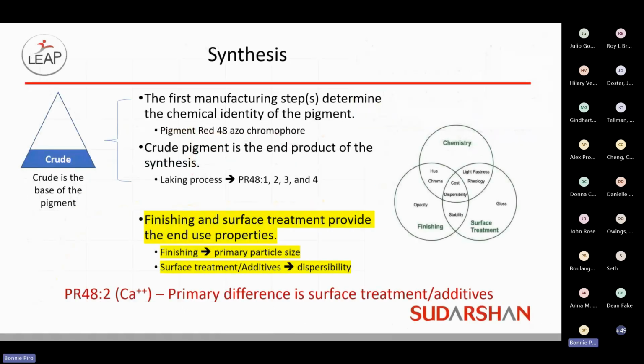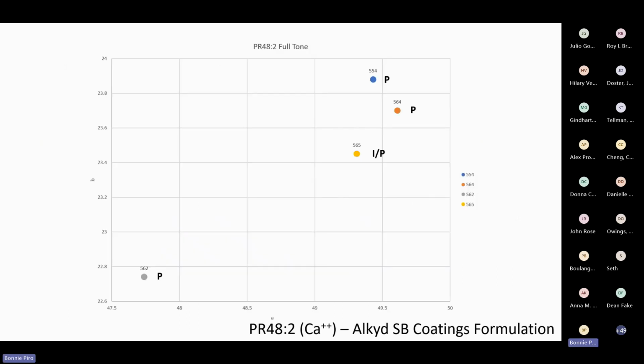So now if we do a similar deeper dive into the Pigment Red 48.2 with the coatings formulation, we'll also see some similar differences, all from the actual finishing techniques used. As we did earlier in plastics, we'll take a look at the full tone. Here we see something very different than we saw in plastics.